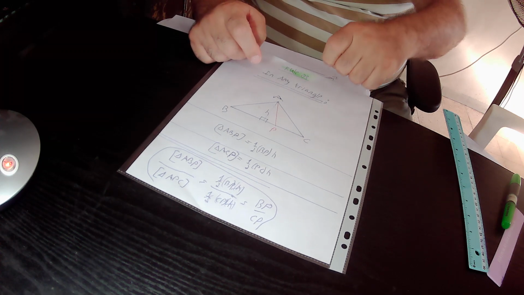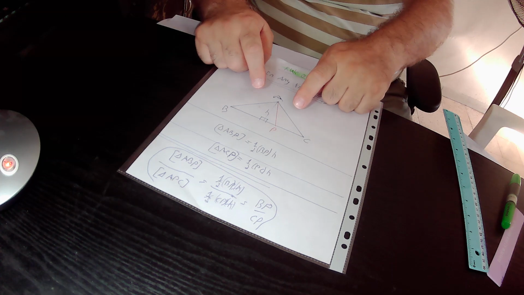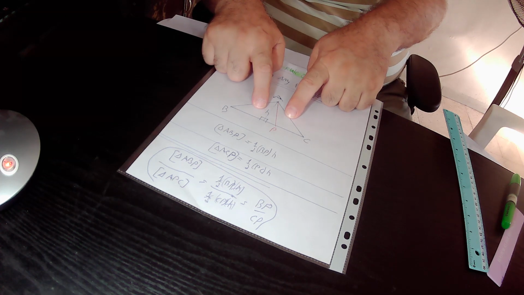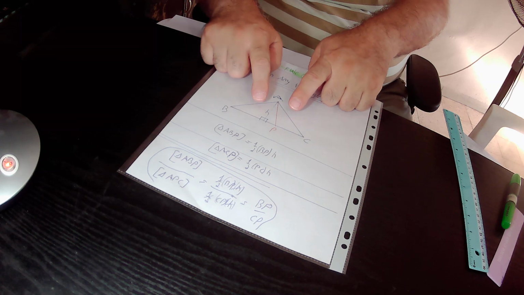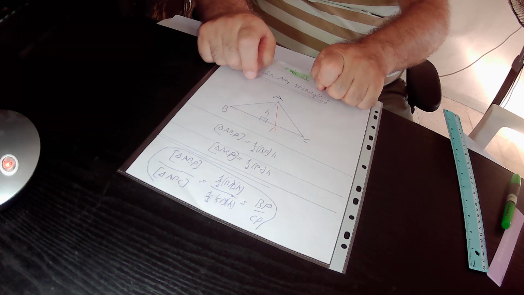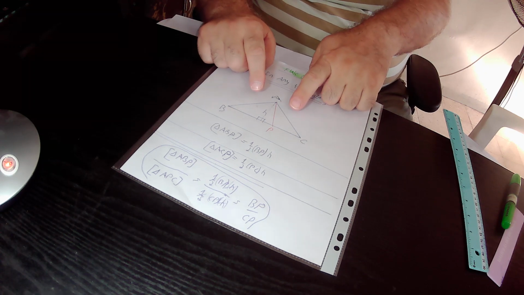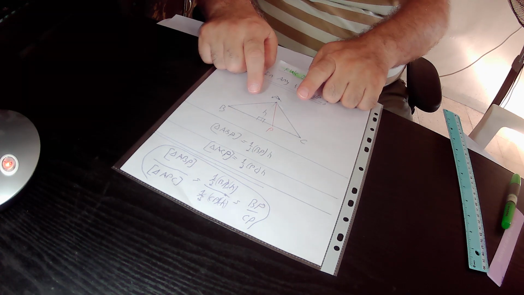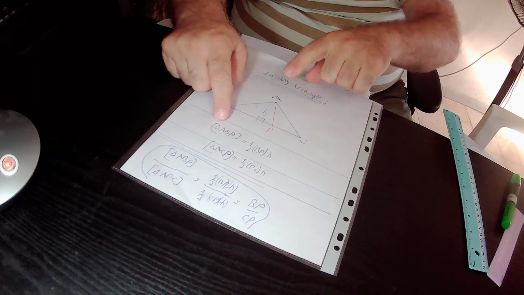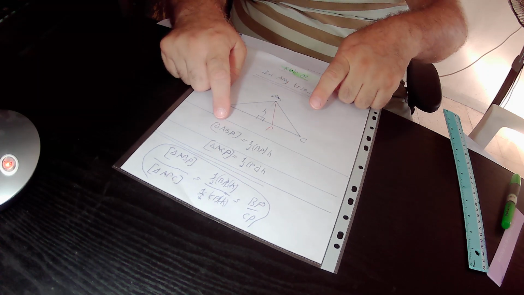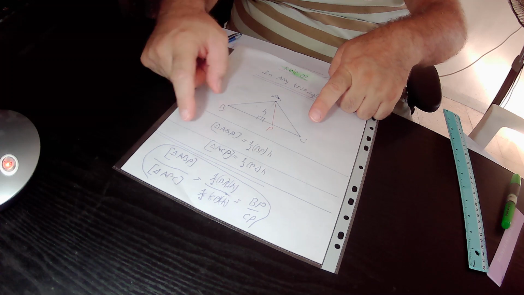And according to rule 23, the ratio between the areas of those 2 triangles is equal to the ratio between their corresponding bases. So what is the ratio between the areas of those two triangles? It is the area of triangle ABP over the area of triangle APC.